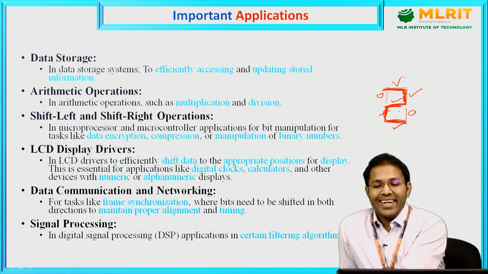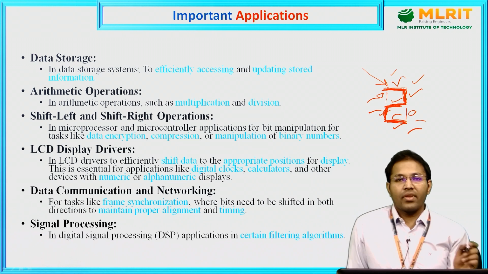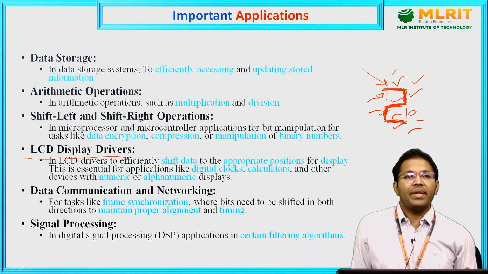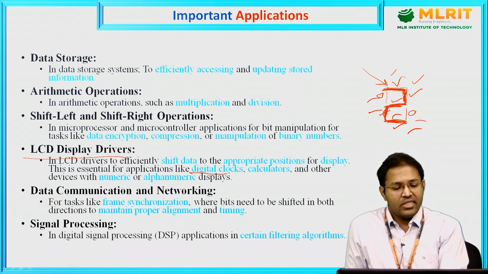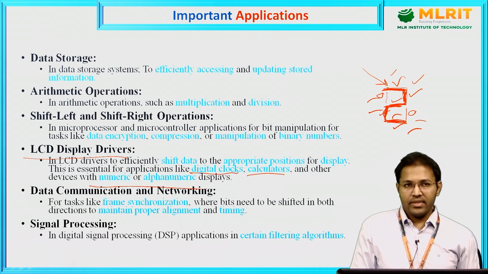Now, data can be sent serially to this display one by one, and it can be shifted, and then this particular display can be shown on the LCD display. So, this is how we can have application in LCD display drivers. And where all we have LCD displays, for example, digital clocks, calculators, any other alphanumeric displays.